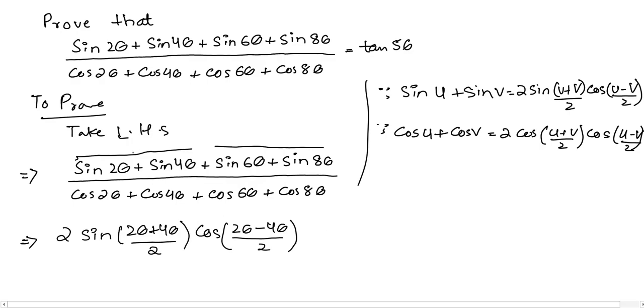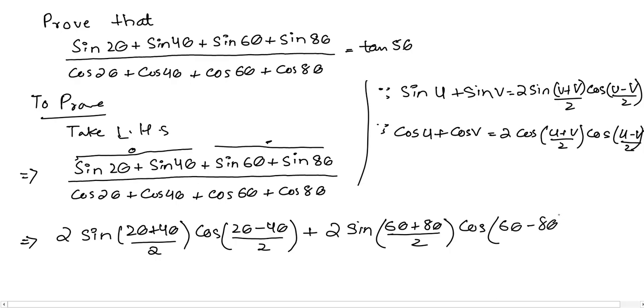These two terms are in place of this. Now for these two terms we write plus 2 times sine of 6 theta plus 8 theta divided by 2, and cosine of 6 theta minus 8 theta divided by 2. For the denominator, I guess you have got the idea, so let me just quickly write it for you.